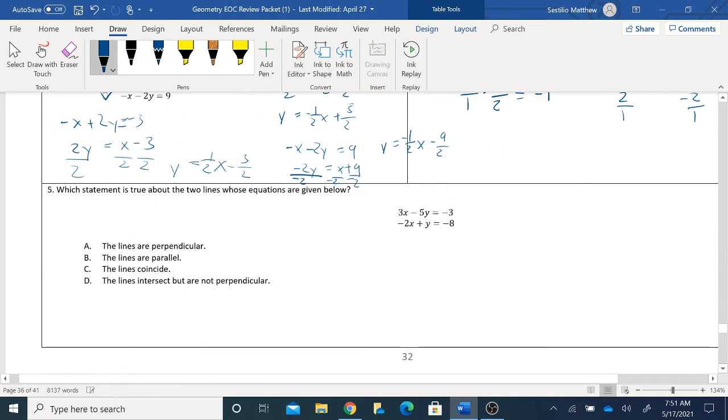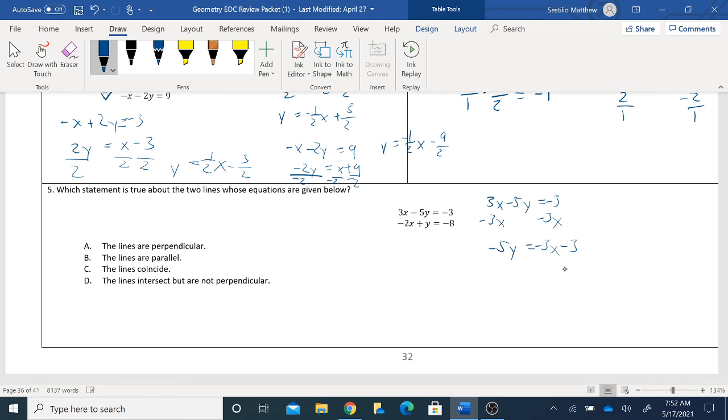The last one is asking you what is true for these lines. So we got to make them both in y equals mx plus b format. Let's do this first one, 3x minus 5y equals negative 3. Subtract 3x. So we got negative 5y equals negative 3x minus 3. Now we got to divide everything by negative 5.